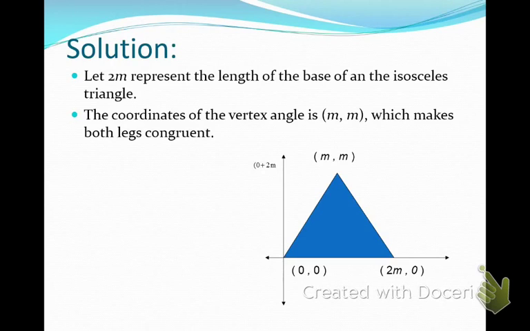And then they call the height m as well. It doesn't have to be m, but they call the height m. So this is 2m, halfway would be m, and then they gave the other point m. The y value could be any variable, any number, because it's isosceles.